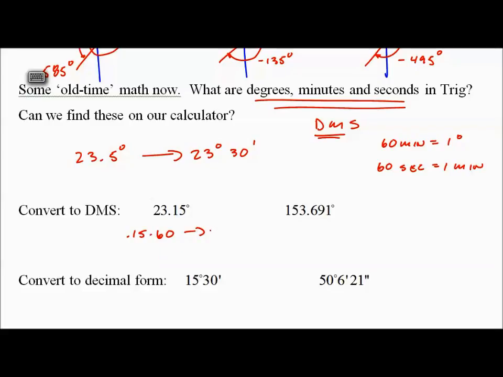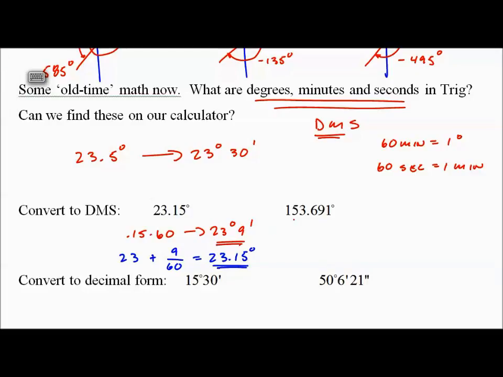So this becomes 23 degrees, 9 minutes. And if you're not sure that that's the case, check your work. 23 plus 9 over 60 is 23.15 degrees. All right? It's just a different way to draw it. It's like doing units. It takes a little getting used to.